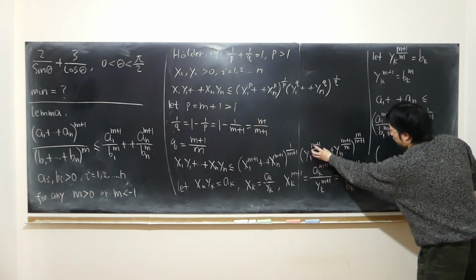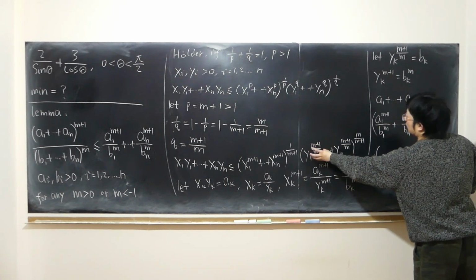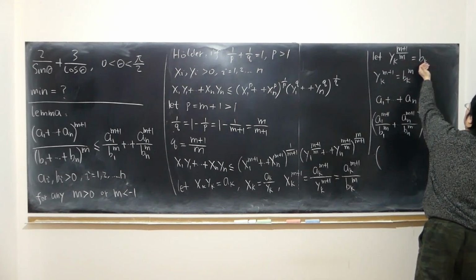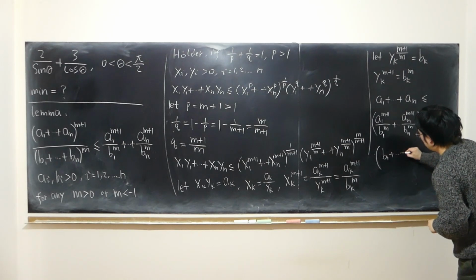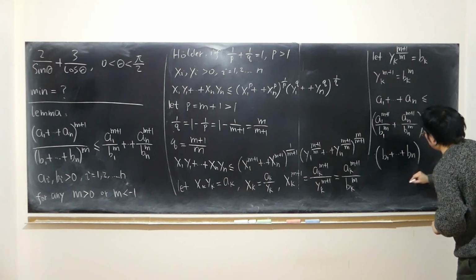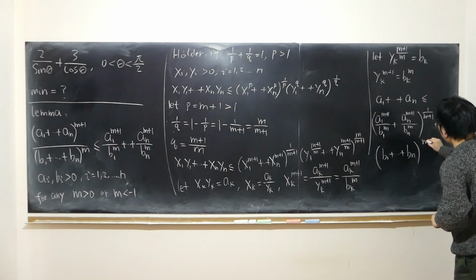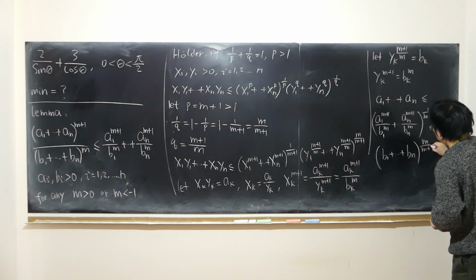Each of them have now become bk, so b1 plus all the way to bn, to the m over m plus 1.